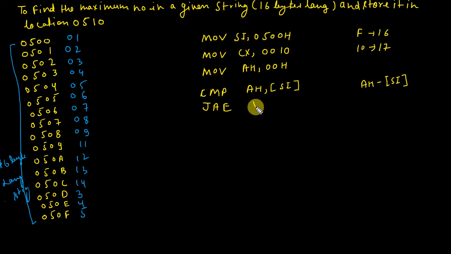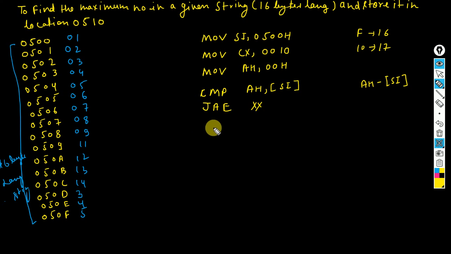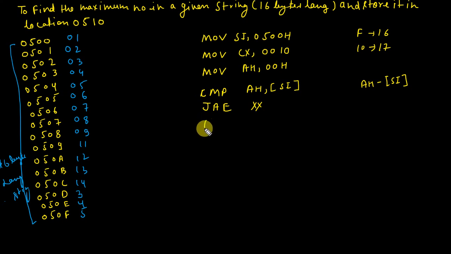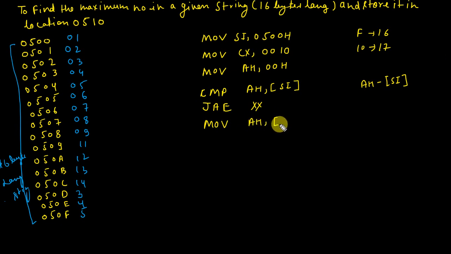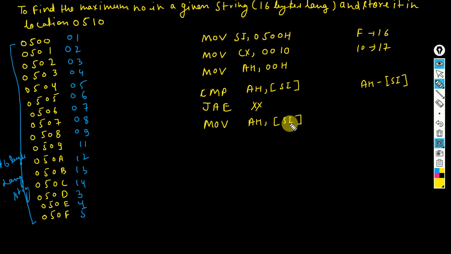The marked label is XX, and the next instruction is MOV AH, SI. Suppose the content of SI is higher and AH content is lower, then in this case we store the content of SI in our AH register.